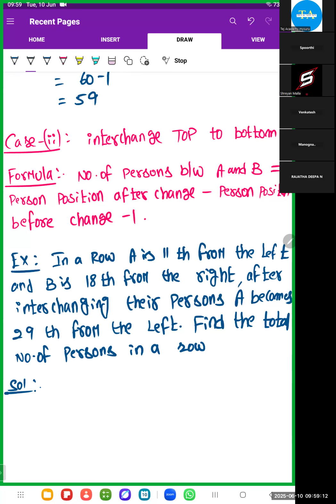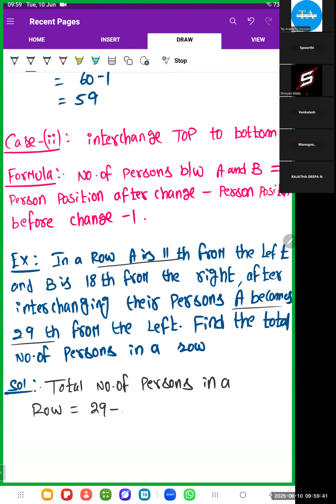Okay, so the number of persons between them is equal to the person position after change, which is 29, minus the person position before change, which is 11, minus 1.